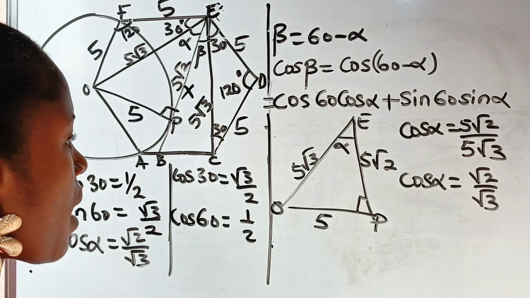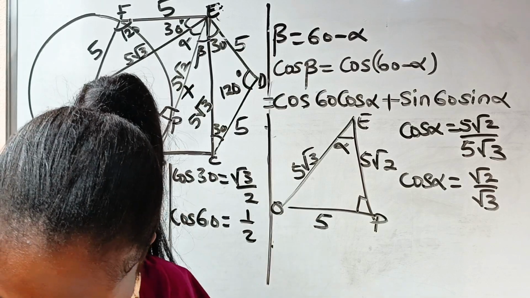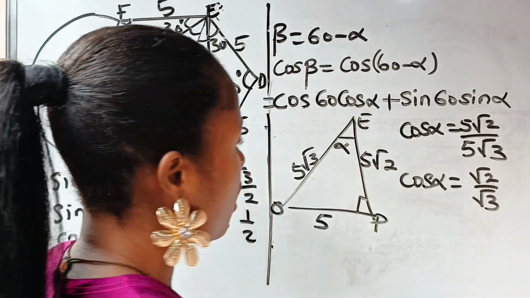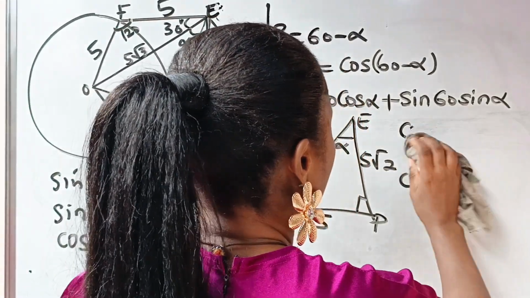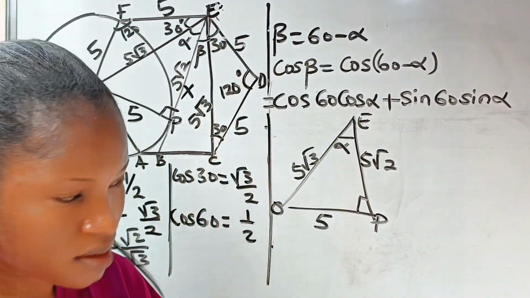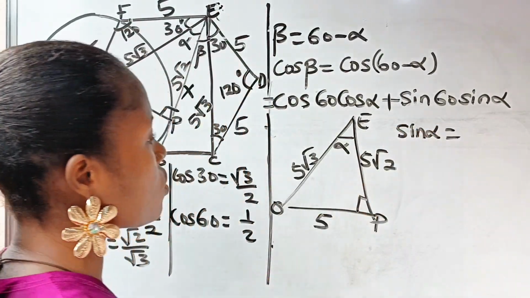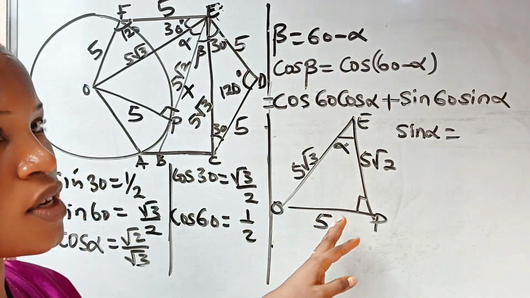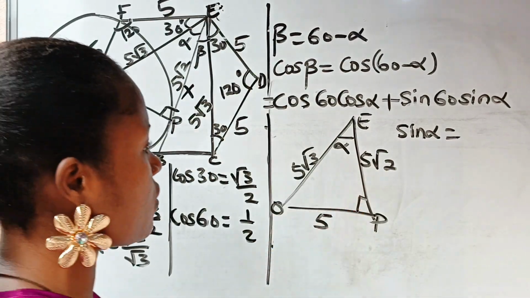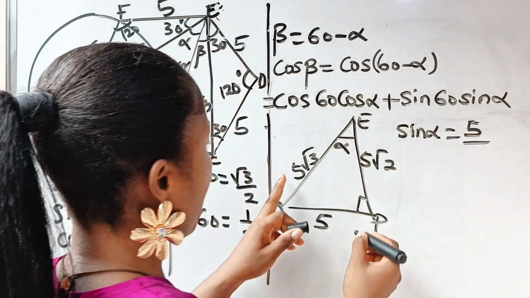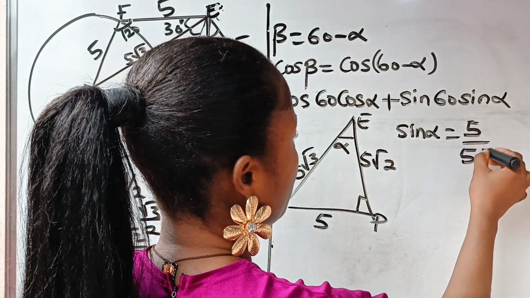Now let us talk about sine alpha. Sine is opposite over hypotenuse, so the opposite is 5 and the hypotenuse is 5 root 3.